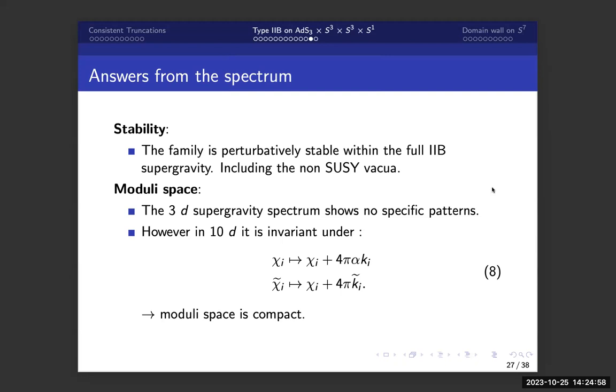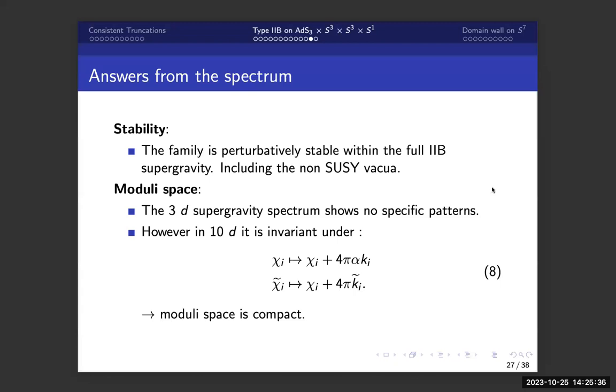The T is like a shift, tau plus 1. But the S transformation is like 1 over tau. And so the problem is that you go out of the supergravity regime, and you don't see the full SL2. You're seeing the shift symmetries. Yes, exactly. So the shift symmetry you can really compute and see.